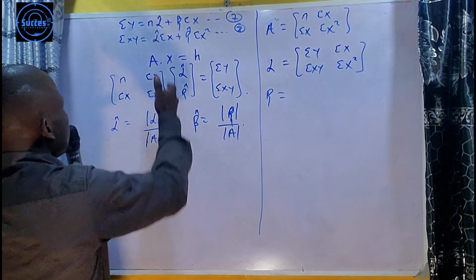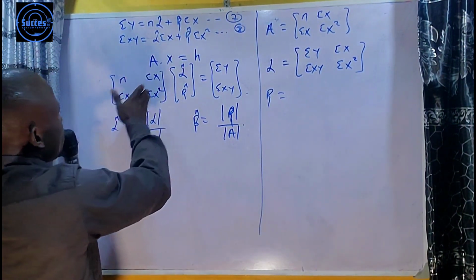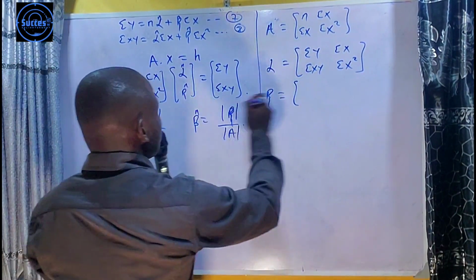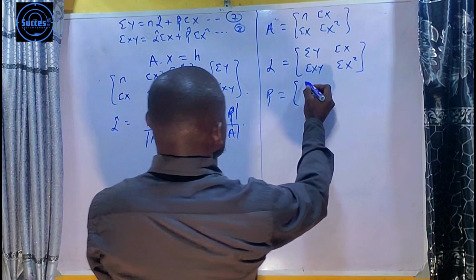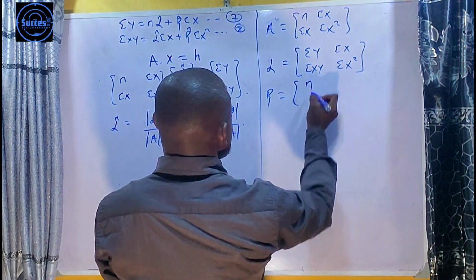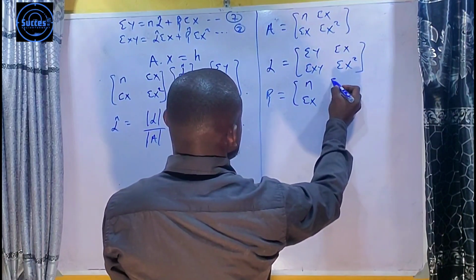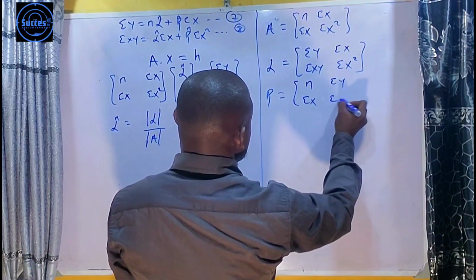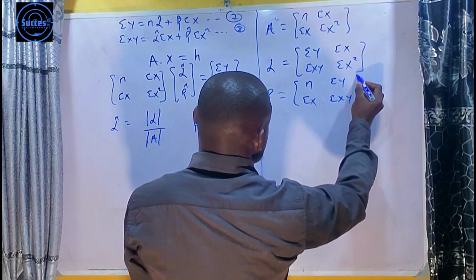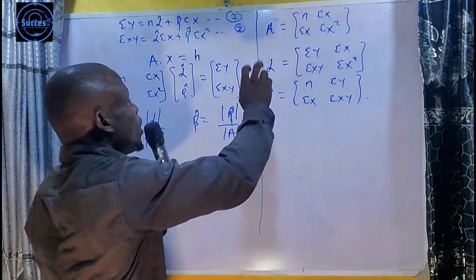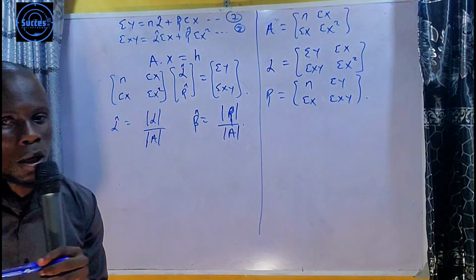Your beta matrix: these are the coefficients of your beta, so you replace them by the constants. This then equals n, summation x, then summation y, summation xy. This is the general matrix, this is the alpha matrix, and this is the beta matrix.